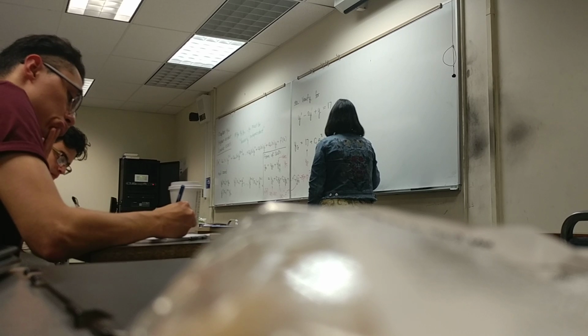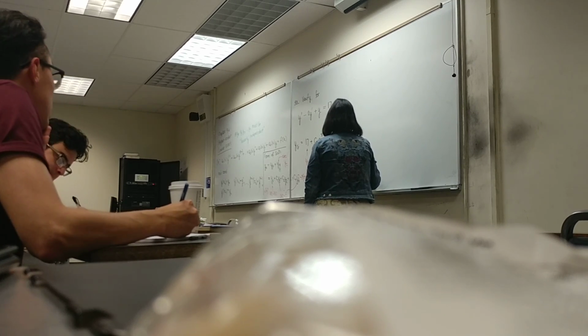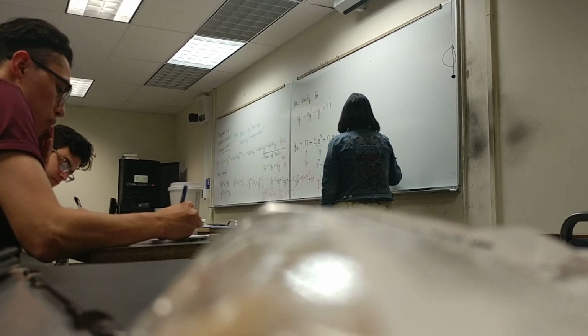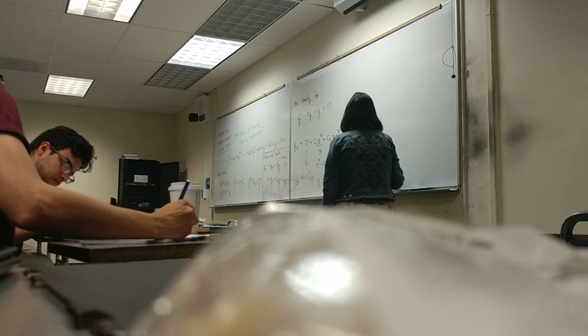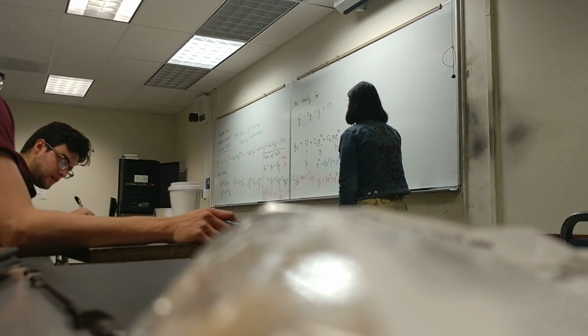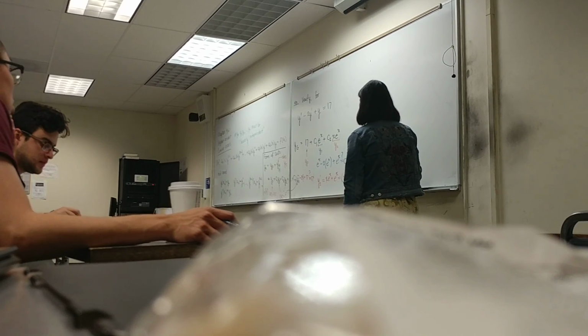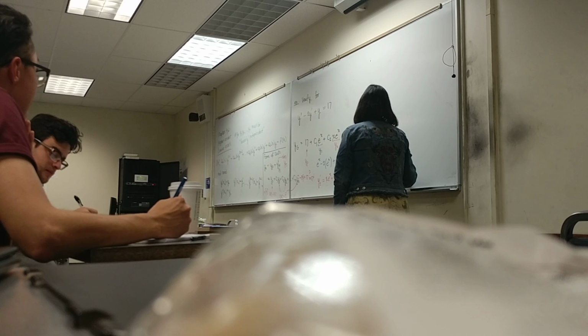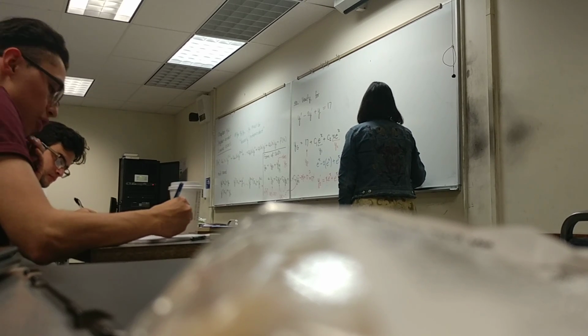So y2 double prime, x plus 1 e to the x plus the derivative of x plus 1, or 1, yeah. So that's x plus 2 e to the x.